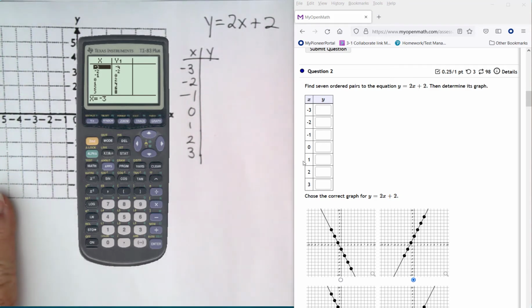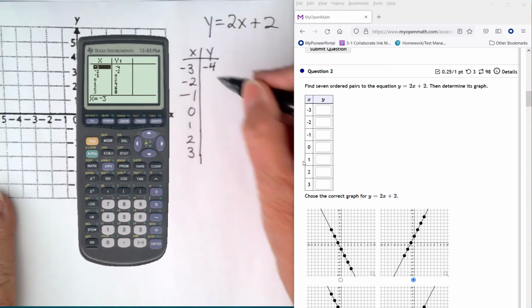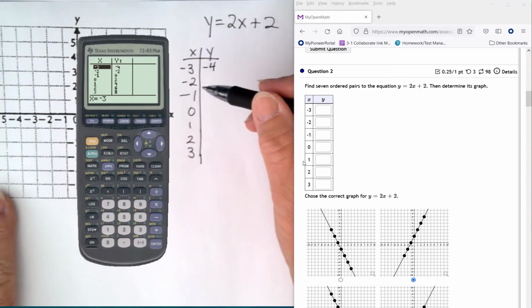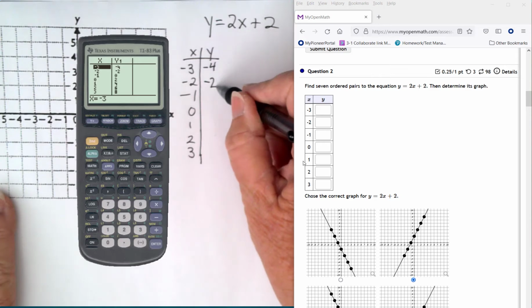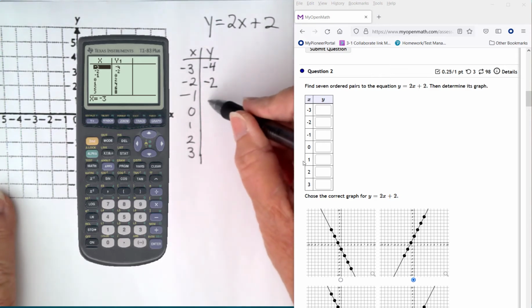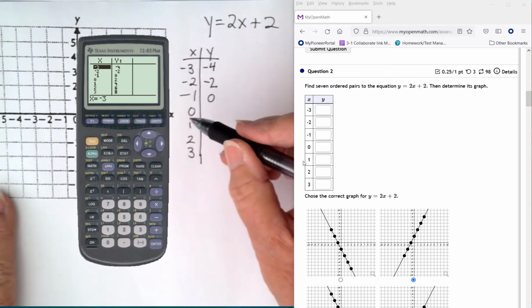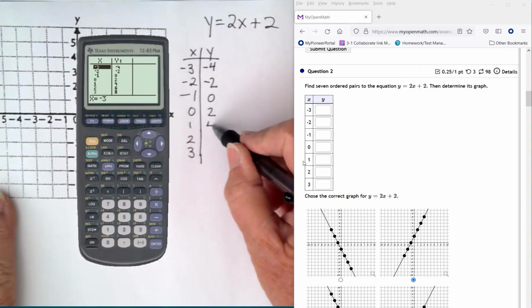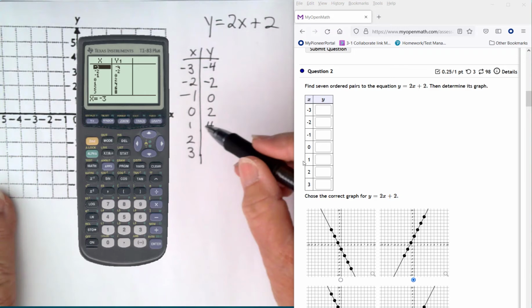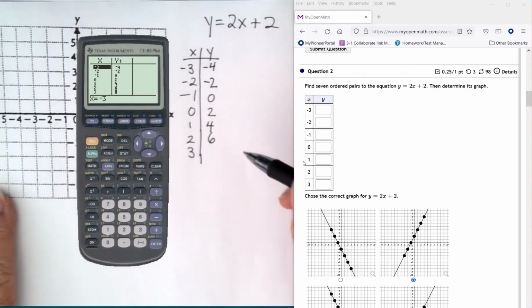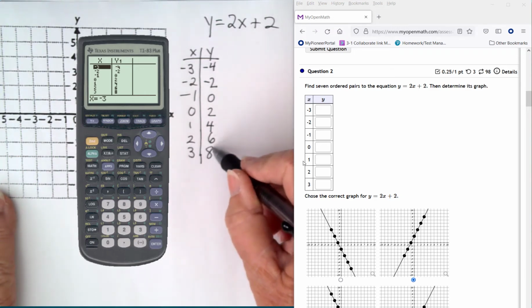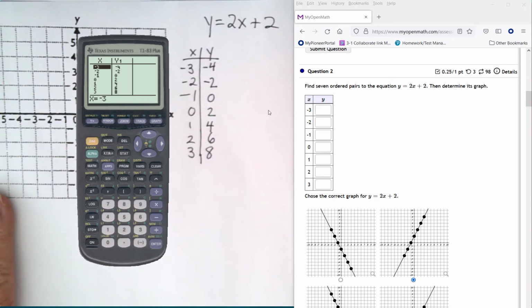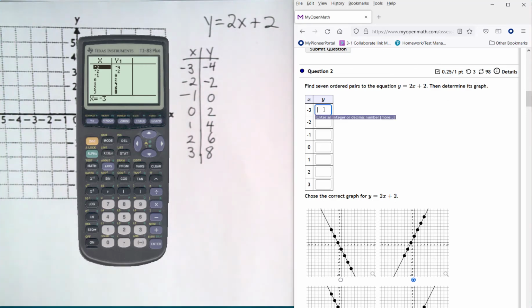So for -3, we have -4. -2, we have -2. -1, we have 0. 0, we have 2. 1, we have 4. 2, we have 6. And 3, we have 8. So those are our points. We can go ahead and put them in, and we'll graph it by hand before we click check.